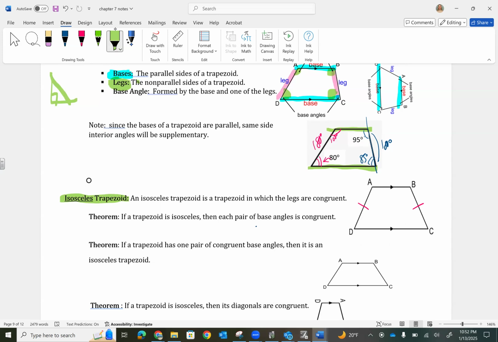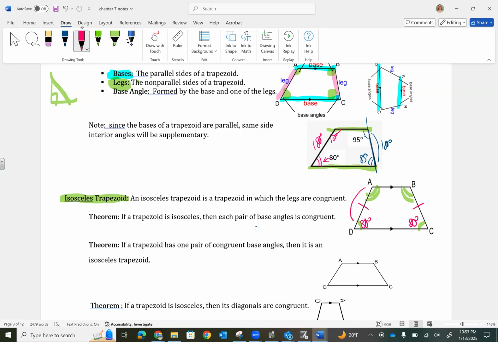If you have an isosceles trapezoid, then these two base angles will be congruent to each other, and then these two base angles will be congruent to each other as well. And then it also works backwards. If the base angles of a trapezoid are congruent to each other, then you have an isosceles trapezoid. Say that this right here is 80 and this right here would be 80.